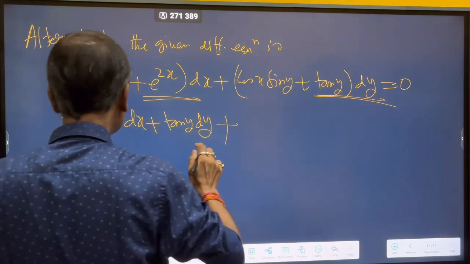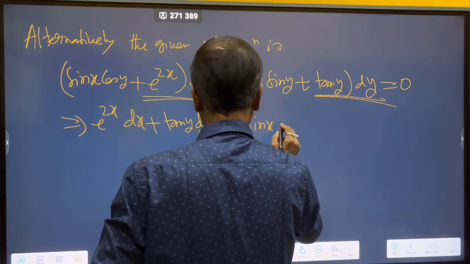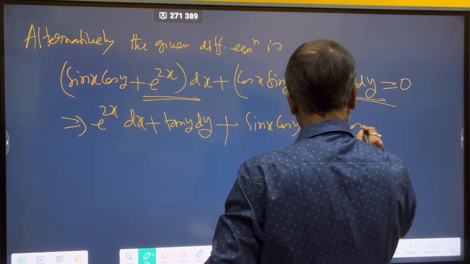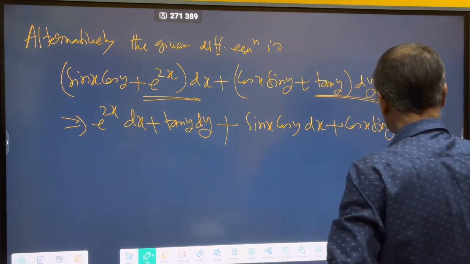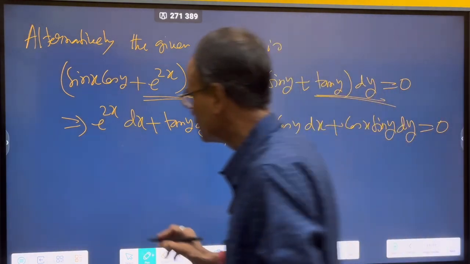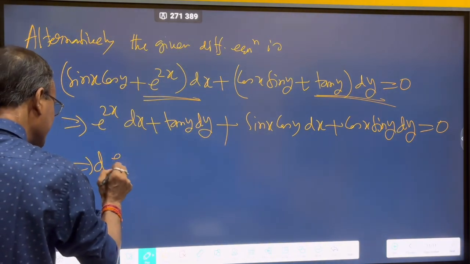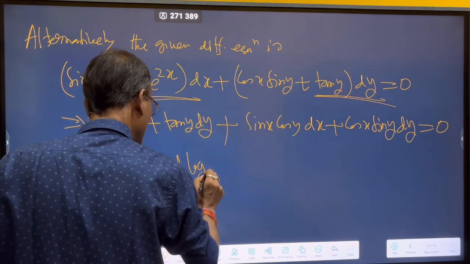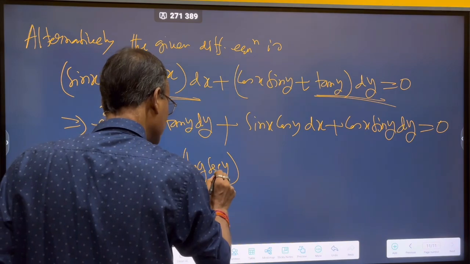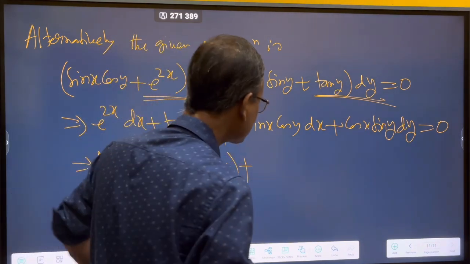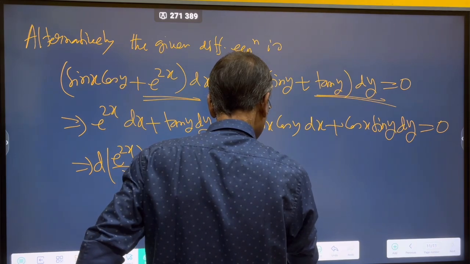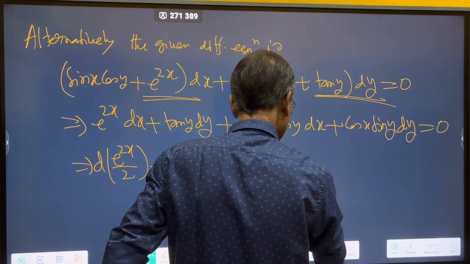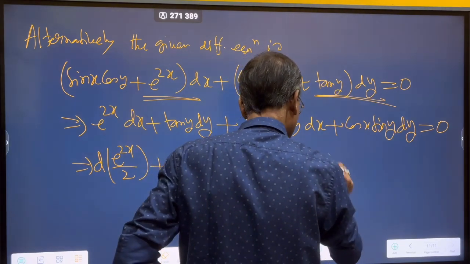For these two terms, take them as a group: sin x cos y dx plus cos x sin y dy. You may write it as e to the power 2x divided by 2 plus d of log sec y, plus cos y d of sin x dx minus cos x dx.